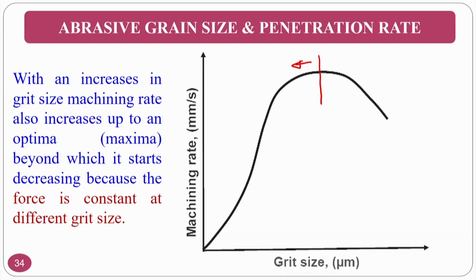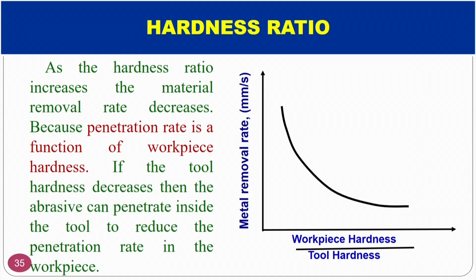At the same time, if you use bigger size particles, hammering action will take place, and because of the hammering, your abrasive particles may also break, because abrasive particles are brittle in nature. That is why you will get a decrease of material removal in the second region.